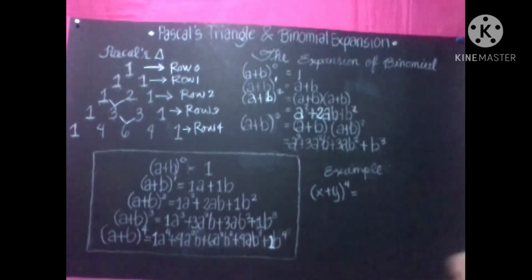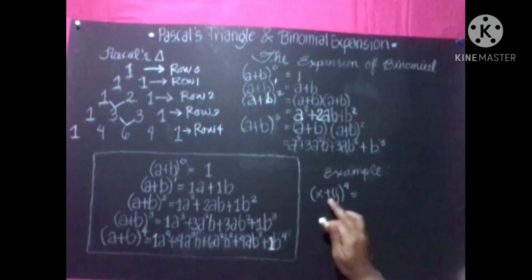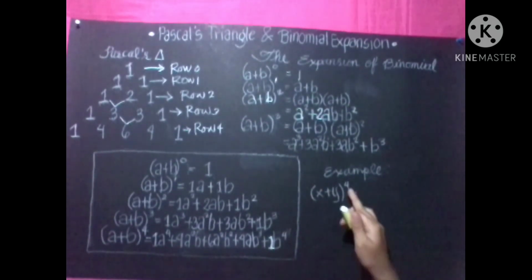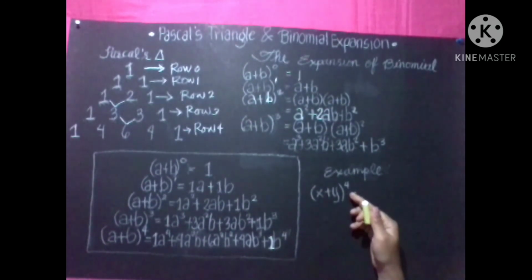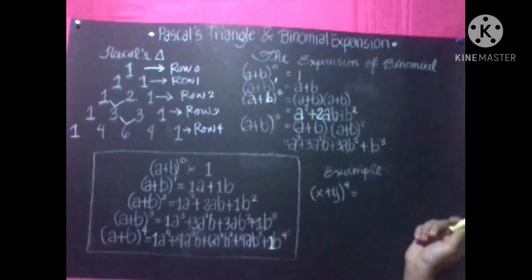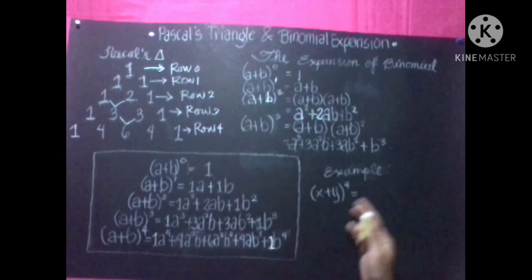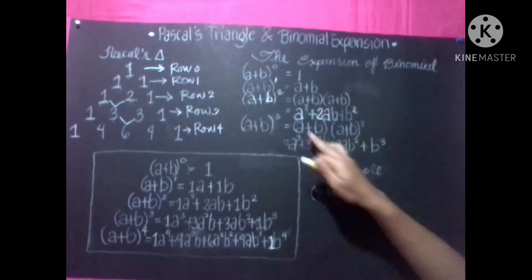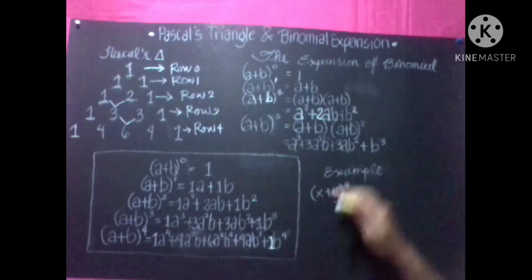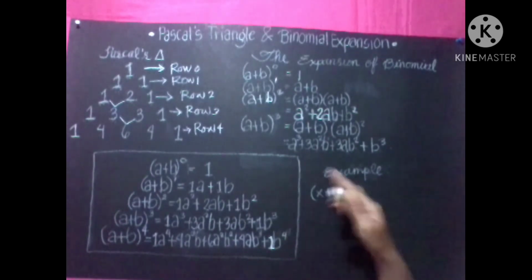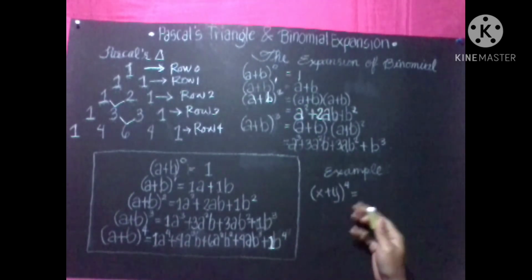Right now we'll take another example in order for us to understand it very well. So we have (x plus y) to the power of 4, so it is different. But we will check if we are right, without having to do this whole process. We will just look for the exponents, or the increase and decrease of the power.